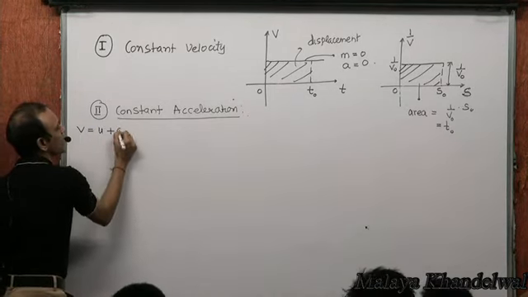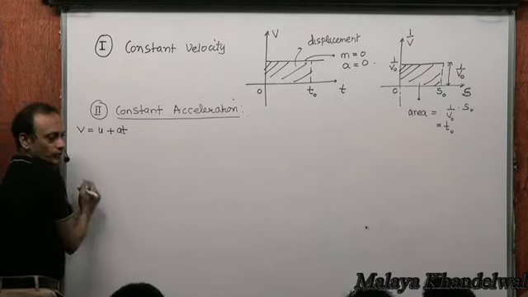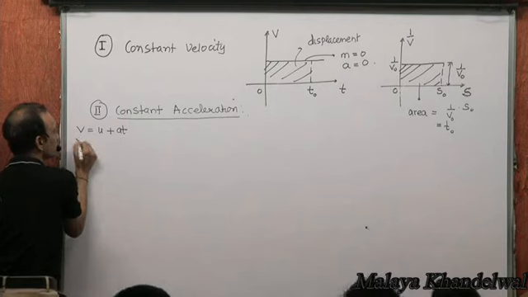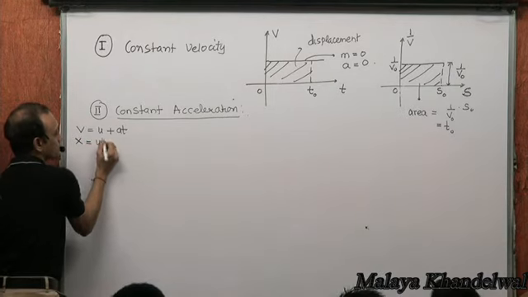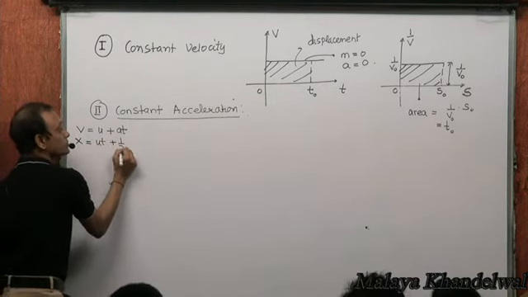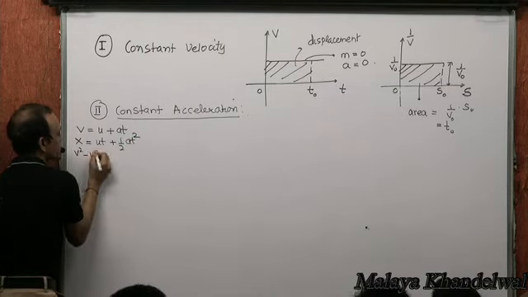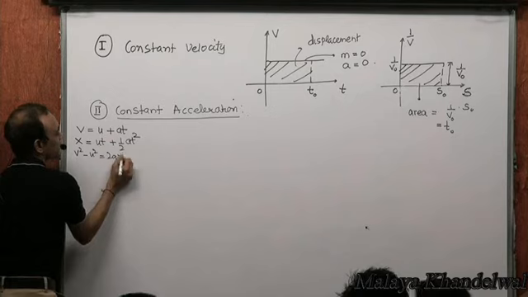Velocity t seconds after t equal to 0, where u was the velocity at t equal to 0, was given by u plus at. Displacement in t seconds, algebraic displacement, ut plus half at squared, and v squared minus u squared is 2ax, right?